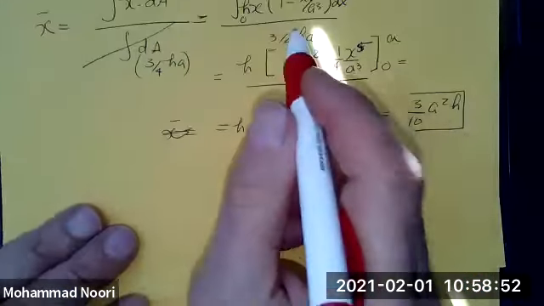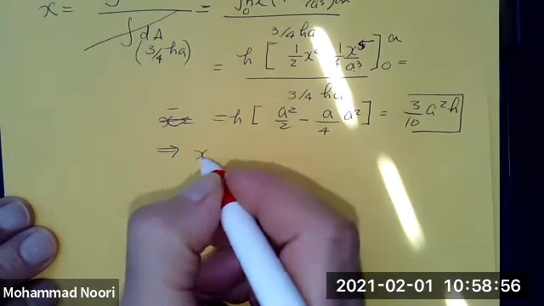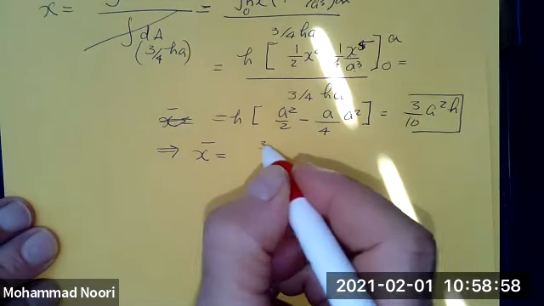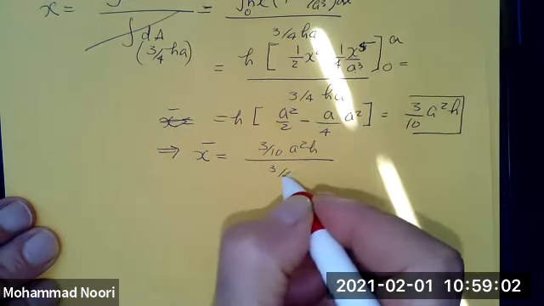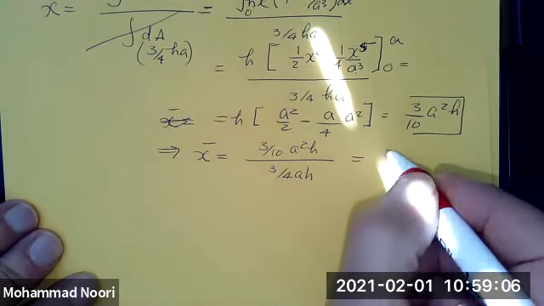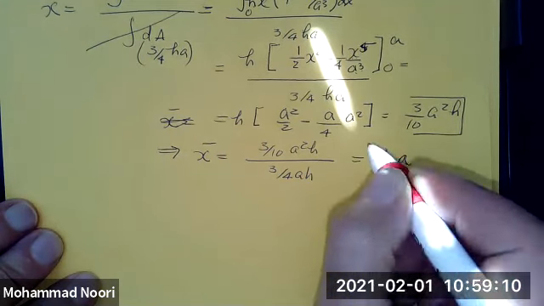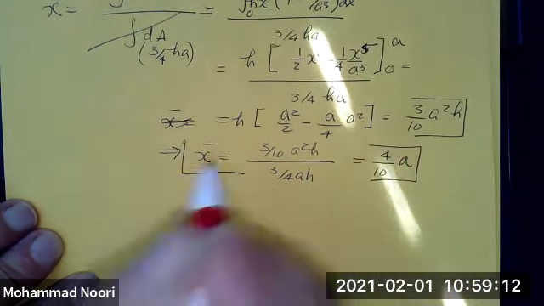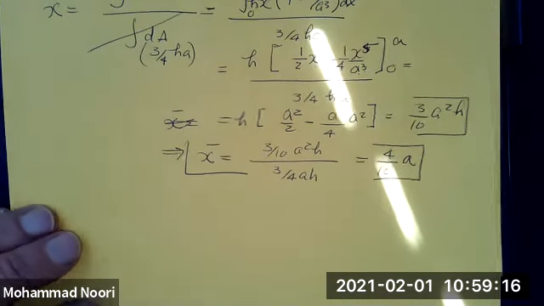So divide that by 3/4 h a, that gives me x bar: 3/10 a squared h divided by 3/4 of a h. That would give me 4/10 of a. That would be x bar. Okay. Any questions?